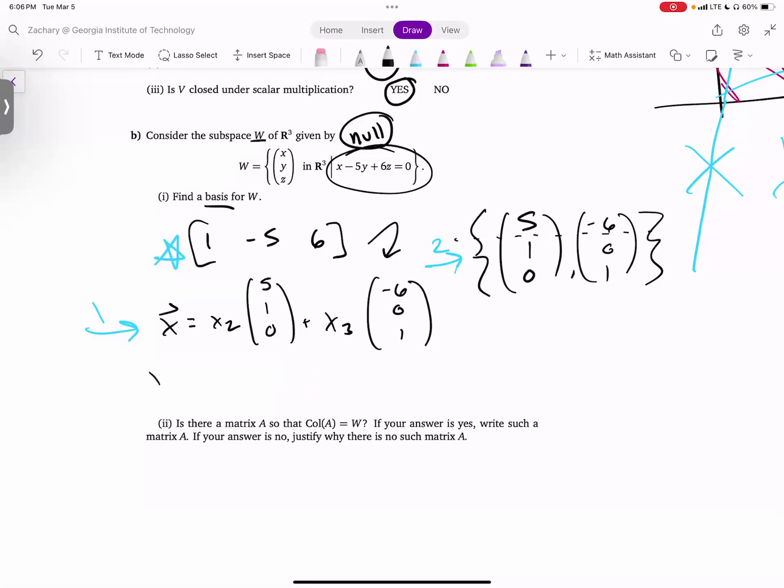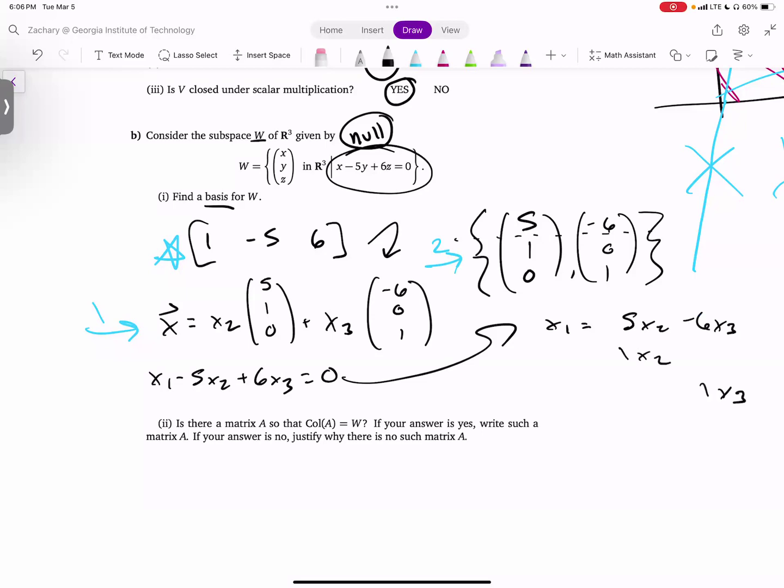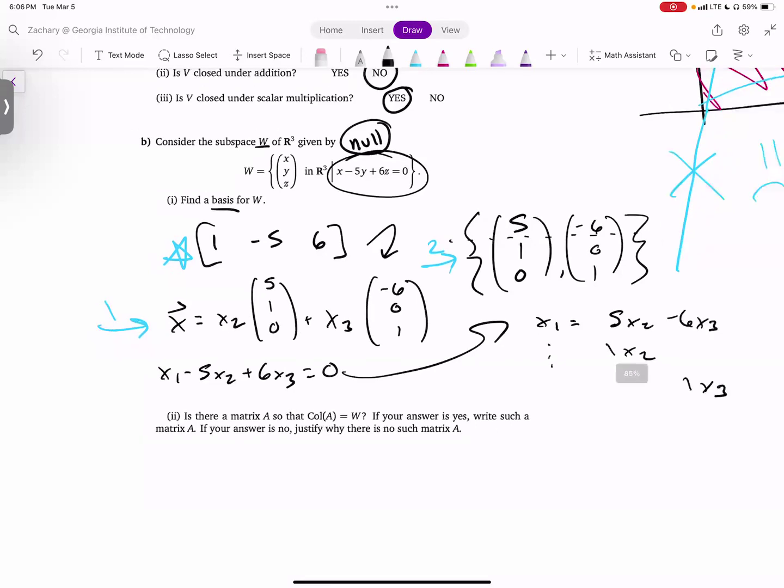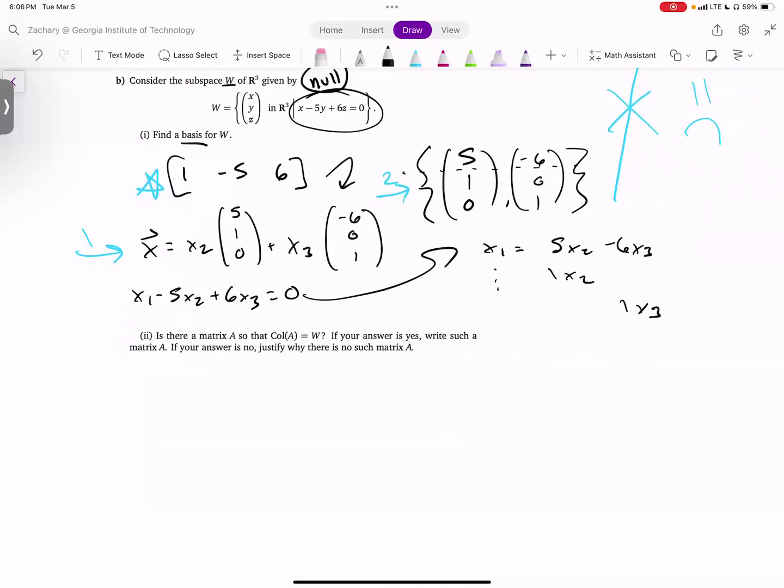So x1 minus 5x2 plus 6x3, which is redundant in this case, but that's okay, equals 0. x1 equals 5x2 minus 6x3, 1x2, 1x3. And there are my vectors. Cool? Okay. Cool. So we found the basis.